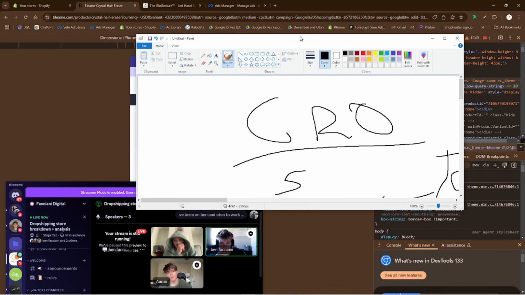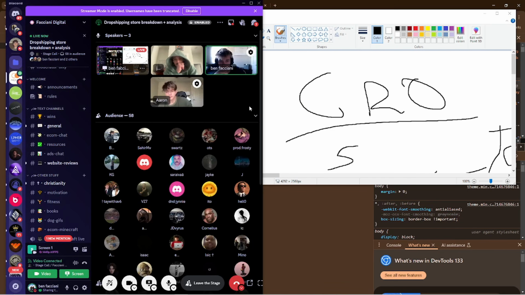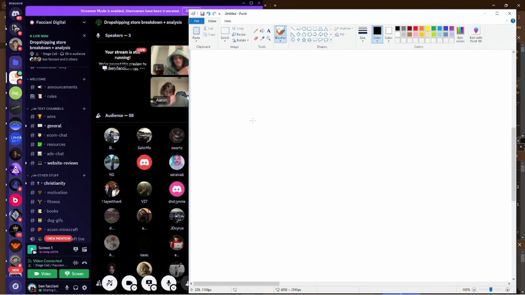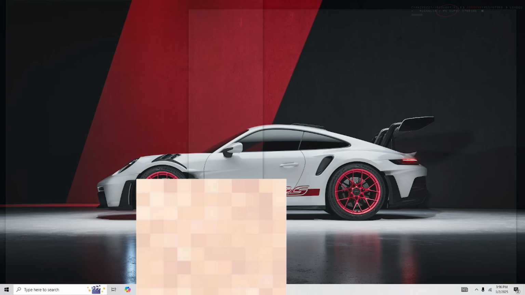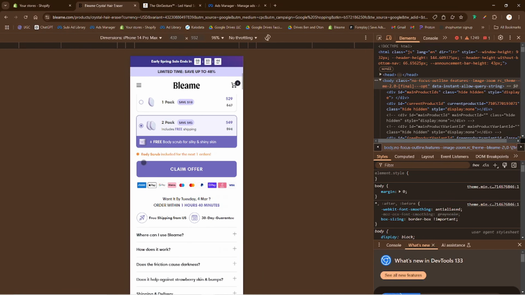Reading super big into the custom code on the website, like how Bleem has it right here, like body scrub offer ends, whatever. Reading big into that, like, bro, it's not gonna do anything.